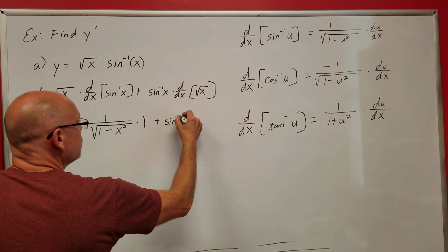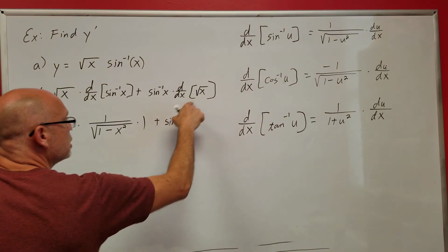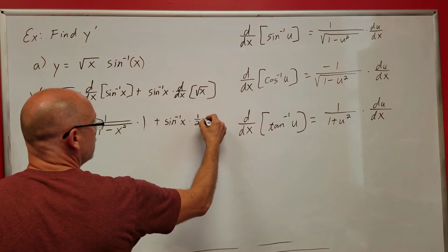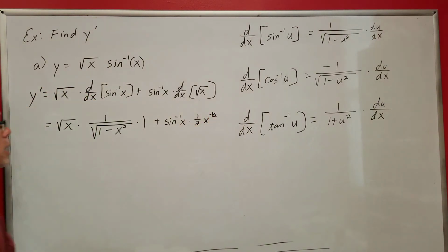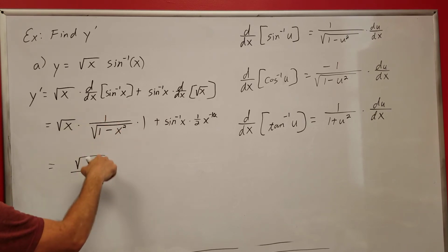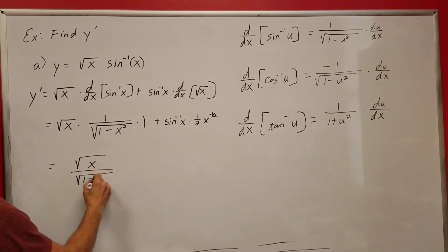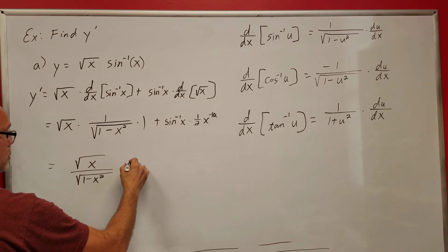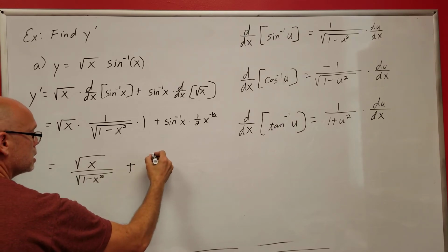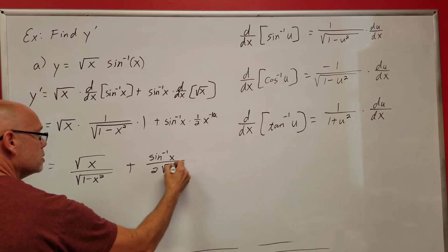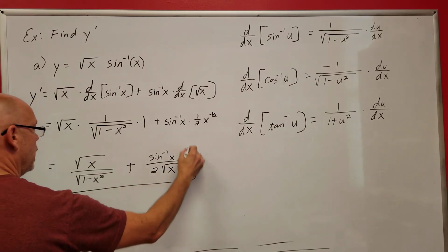Plus the inverse sine of x times, let's try to do this in our head without converting it to 1/2, that'll be 1/2 x to the negative 1/2. So this is square root of x times 1, which is square root of x up top over the square root of 1 minus x squared. Plus, I could call this the inverse sine of x over 2 square roots of x if I wanted to.